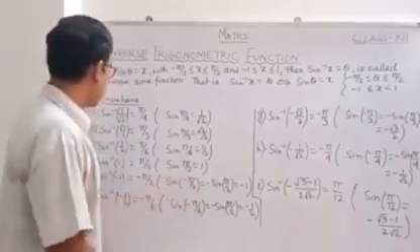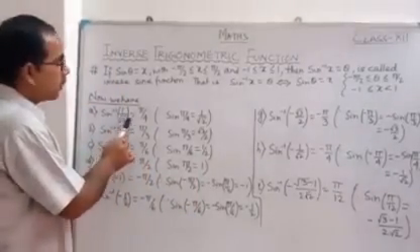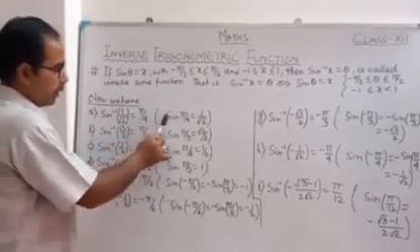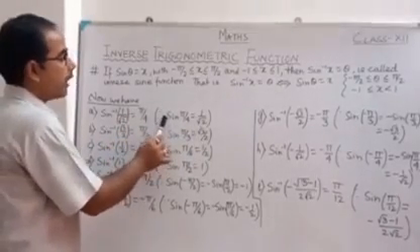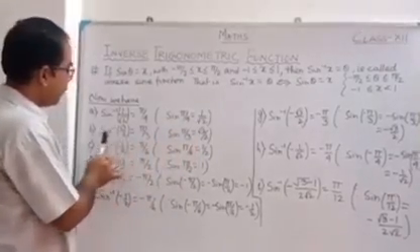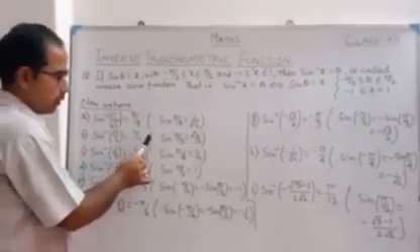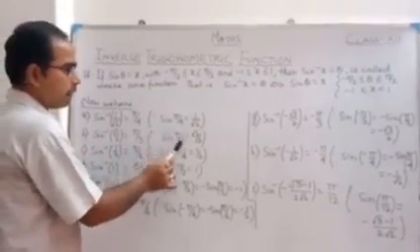Now, with regard to sine, some formulas are there. Okay, so let us discuss these formulas. Sine inverse 1 by root 2 is equal to pi by 4. Why? The reason is written over here: sine pi by 4 equal to 1 by root 2, we know very well. Similar way, sine inverse root 3 by 2 equal to pi by 3, because sine pi by 3 equal to root 3 by 2.